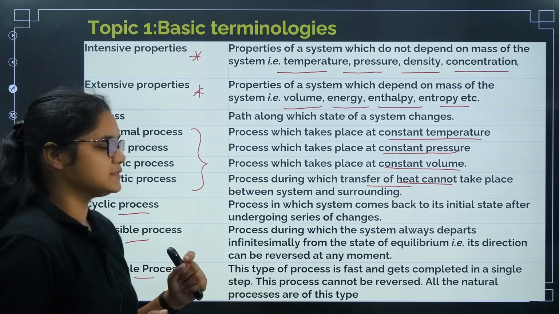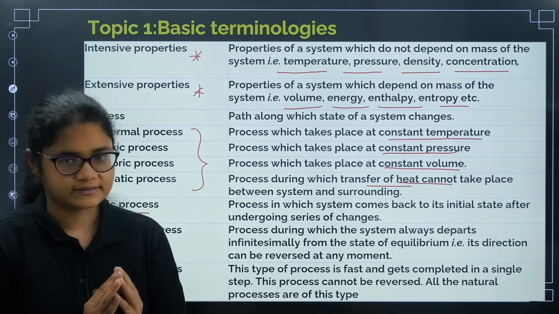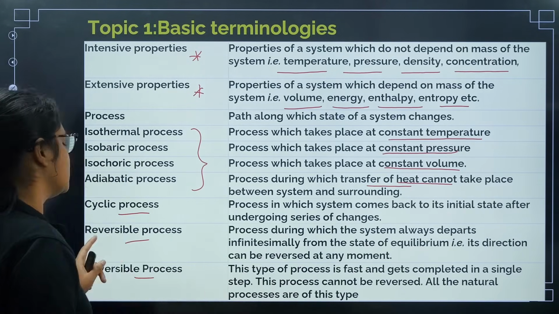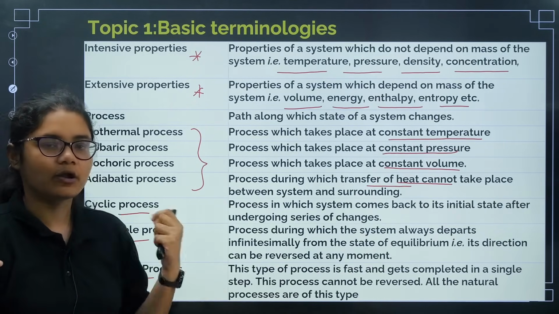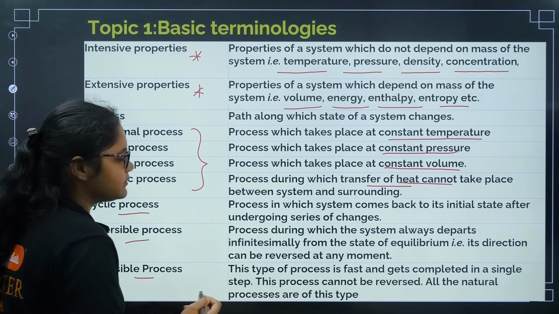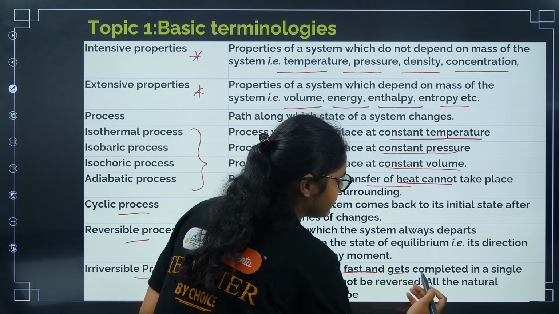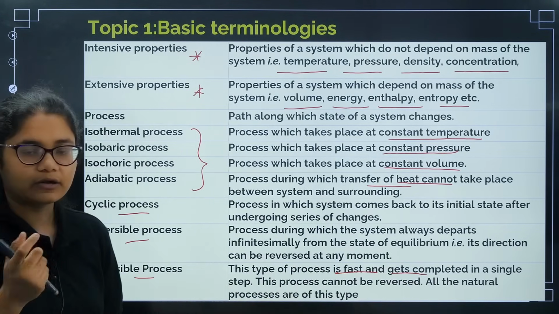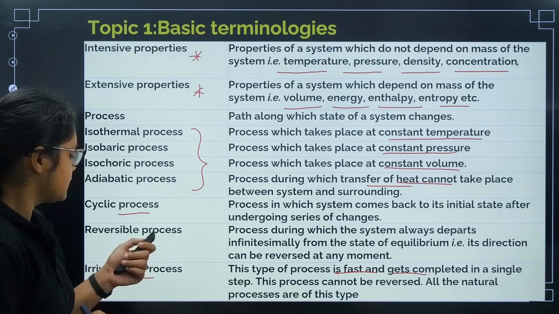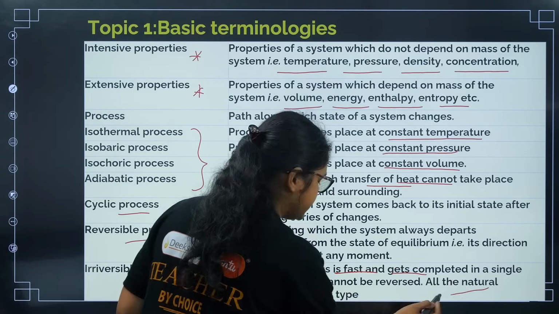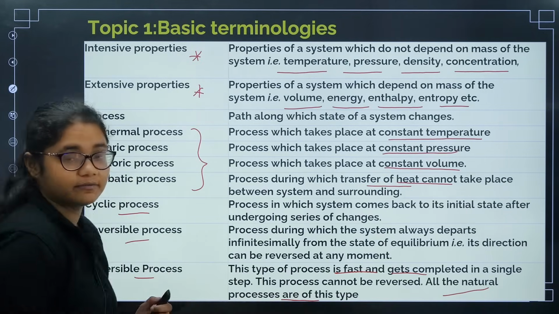So cyclic process is when the initial and the final state are the same. Reversible, the process which takes place in infinitely small steps, we call it reversible. And irreversible are those which occur fast and cannot be reversed. Okay, here it is important, all the natural processes are of irreversible nature.